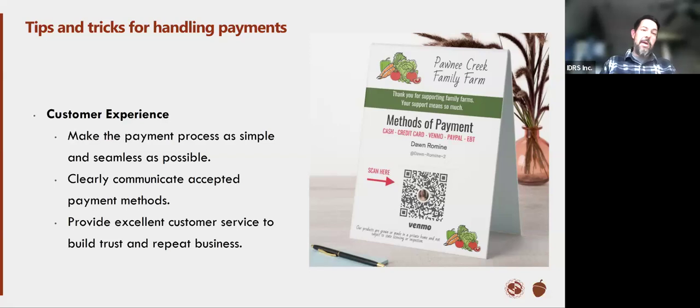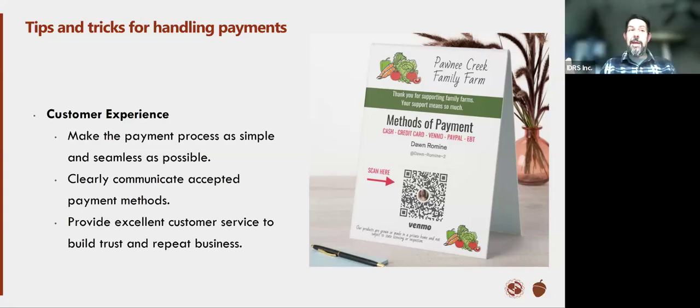First, make it as easy as possible to pay, right? Have a QR code, so they don't have to type in your email address if they're paying by Venmo, right? They can just go and scan it on their phones, using their camera. It pops right up on their Venmo and they're able to pay. Have this clearly communicated with signage in your booth, right?